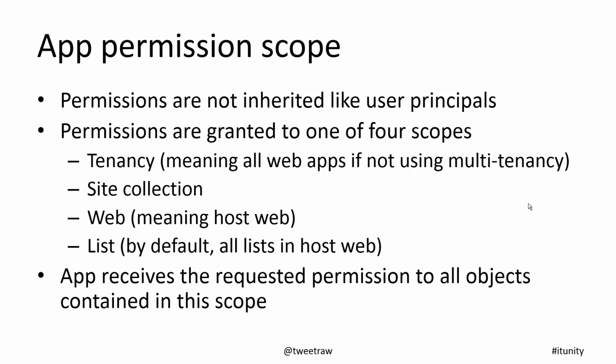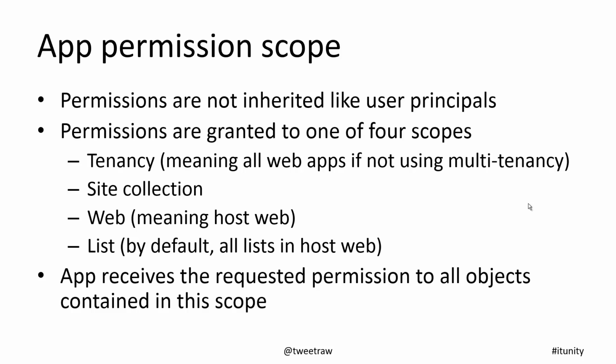And so I'm not going to cover this in detail, but I just want to point out that at a basic level, there are 4 scopes that the developer can set permissions for the application. And so those 4 levels are on the screen: tenancy, site collection, web, and list. And so that basically defines the scope. And then in addition to this scope, you define the level of access.